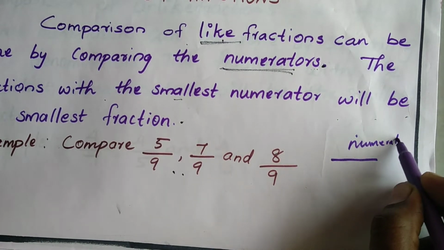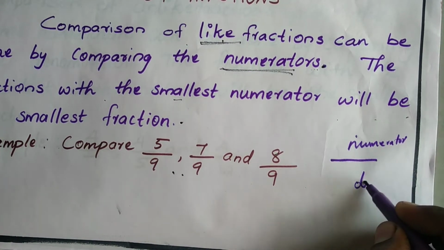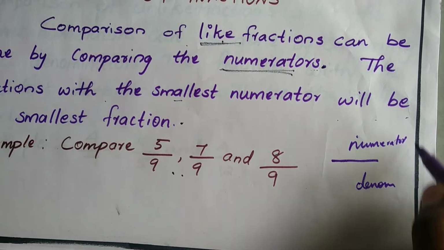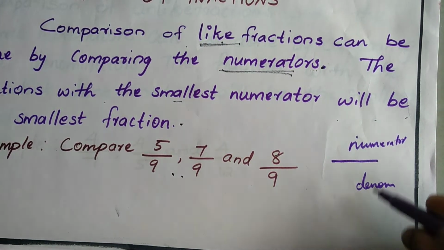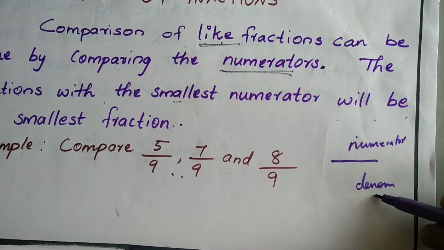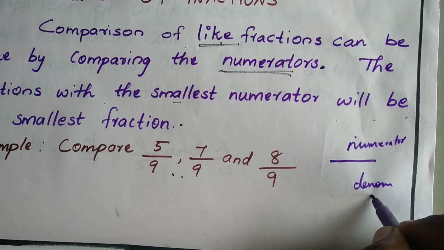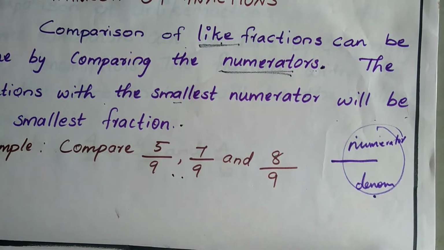Below the line is called denominator. This is a simple concept for easy understanding. Deno means down. Below the line, denominator. Always think down, denominator. You want to remember this point clearly.